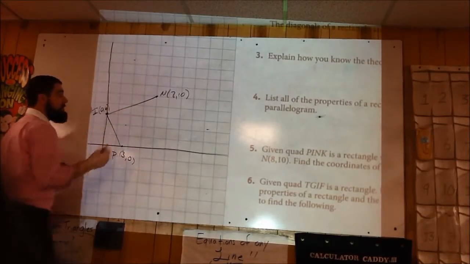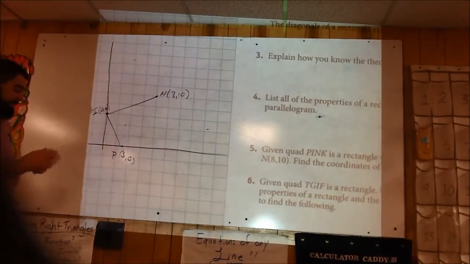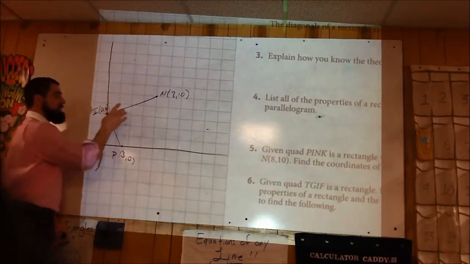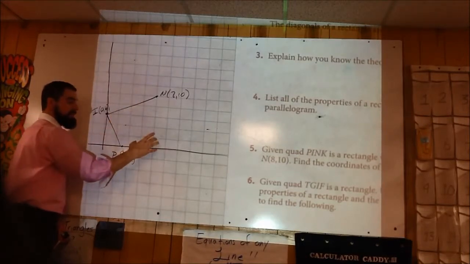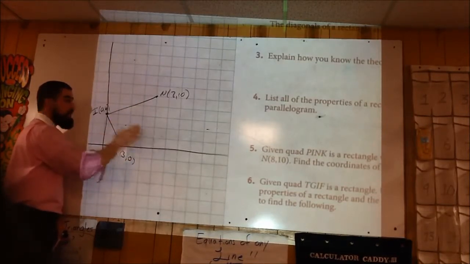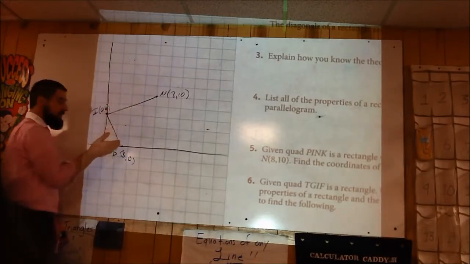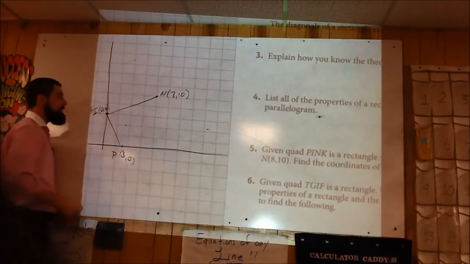So what I would do personally is, whatever the slope and the distance of this segment, it's going to have to be exactly the same over here. So however much it rises up and then runs over, it's the same thing that's going to happen over here.